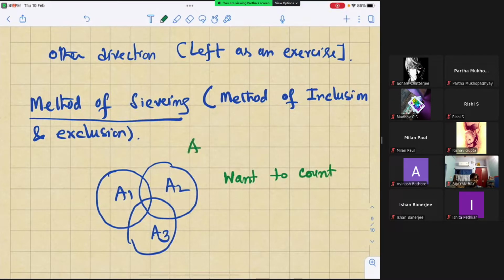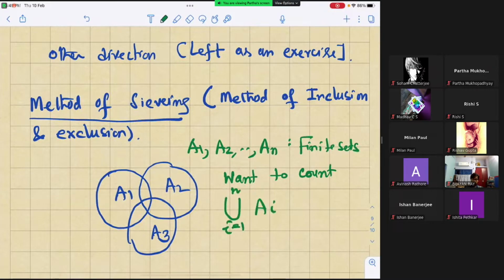Suppose there are n finite sets, A1, A2, ..., An, which may be intersecting. We want to count the union of the Ai. Obviously, this is not the sum of the sizes of all sets, because some members can appear in multiple sets. So if you just add them, you will have a wrong count. Right? And this method of inclusion and exclusion, or method of sieving, offers you a way to count this number.